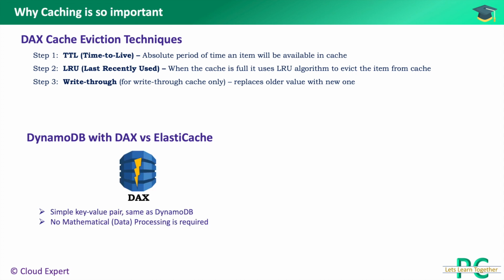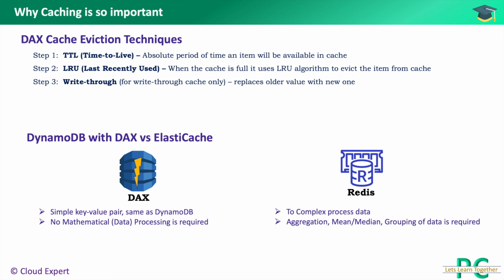If you are using a simple key value pair, that means whatever data you are storing in the DynamoDB table, your application is using the same data without any mathematical processing or modification, in that case DAX is your best choice.